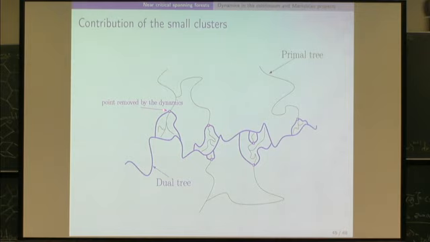And all those points are the points that you have cut at this time. So you see that you create clusters, and to go from this connected component to this other one, you have all those clusters that annoy you, and you would like to prove that the contribution of the small loops that you get here is negligible.